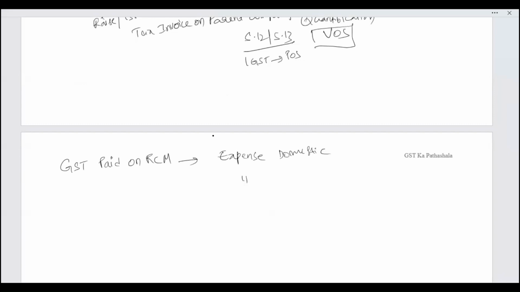Similarly, expenses in foreign currency, which form part of your notes to accounts as per AS 18. These both are to be considered for RCM payment. This is what we need to understand with respect to reconciliation activity.